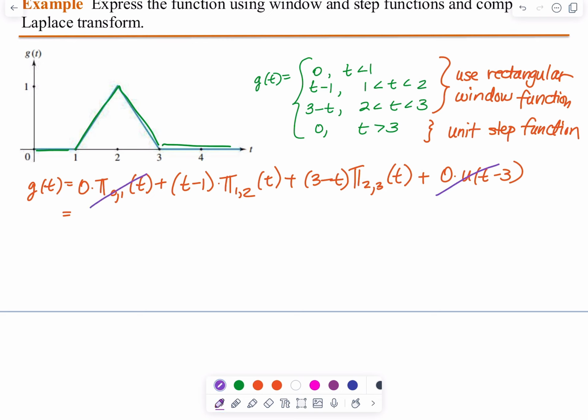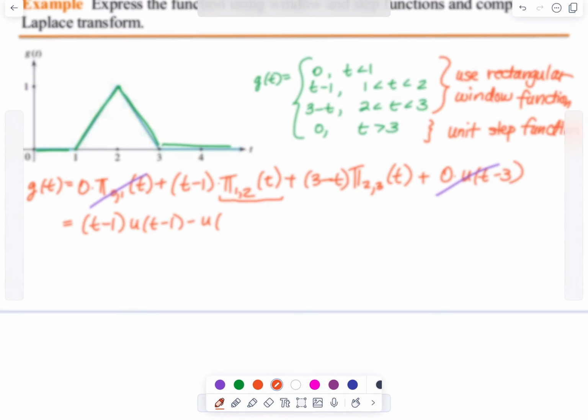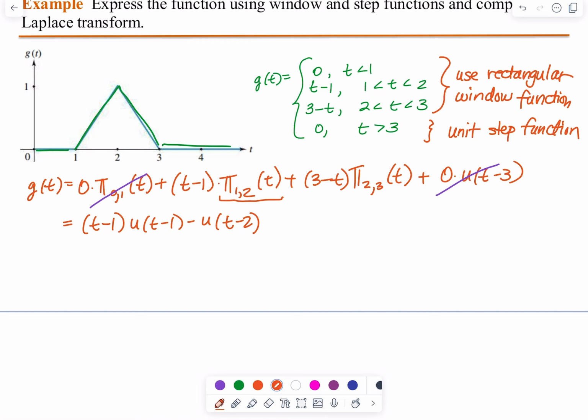So we're working with these 2 middle terms, and by definition of our rectangular window function, we have that this first window function is equal to t minus 1, and then we need to use this definition, which is u of t minus 1 minus u of t minus 2, plus 3 minus t multiplied by u of t minus 2 minus u of t minus 3.